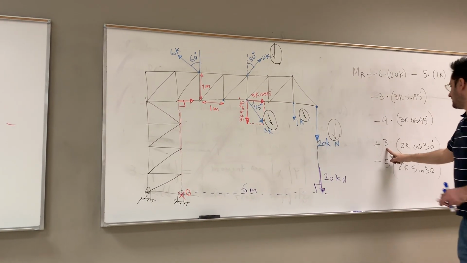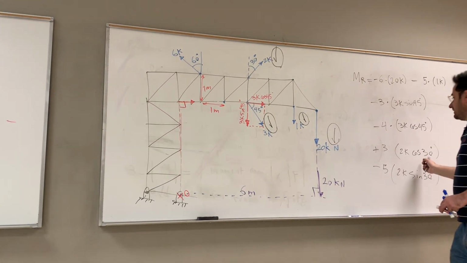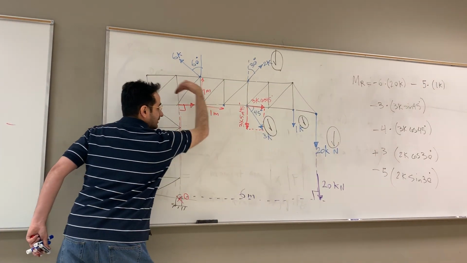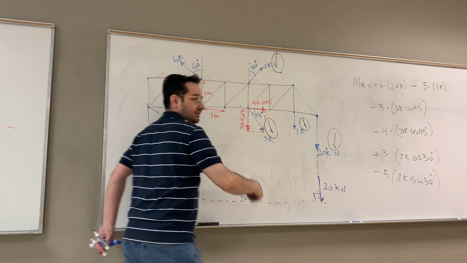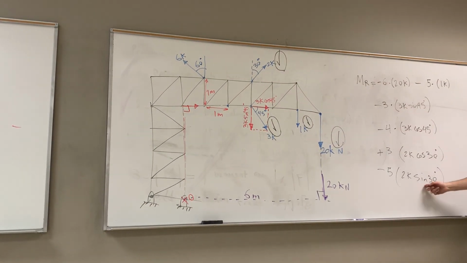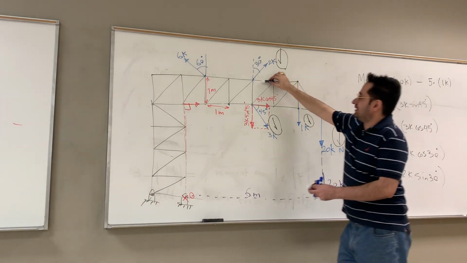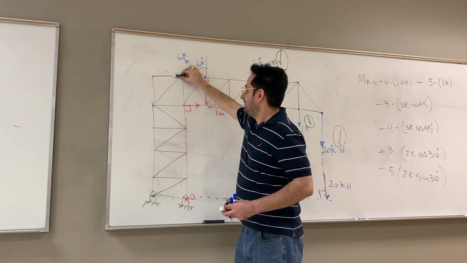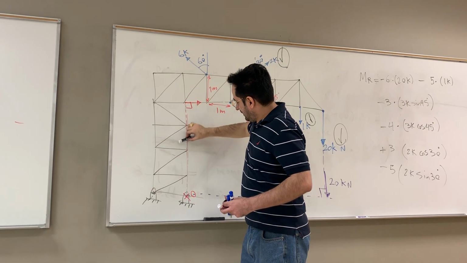So that's the reason I have 3 times 2k cosine 30 positive, because it's going this way, right? Positive. The other one, 2k sine 30, now you move it right here. And what's the moment arm? 1, 2, 3, 4, 5.